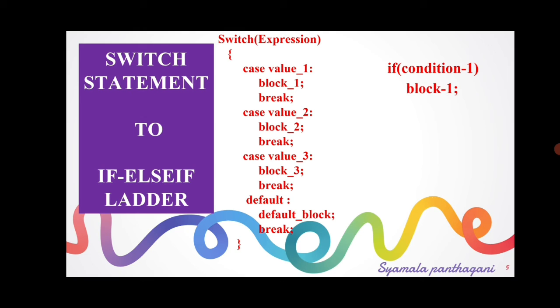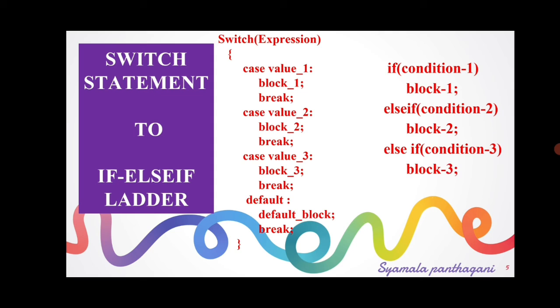block 1 we are writing in the first true block. Else if we are writing the condition 2, that is value 2 is there, no, that one we are writing in the condition 2, and block 2 we are writing in the second condition true block, and else if condition 3 we are writing this third block in the third true block, and at last we are writing the default block.